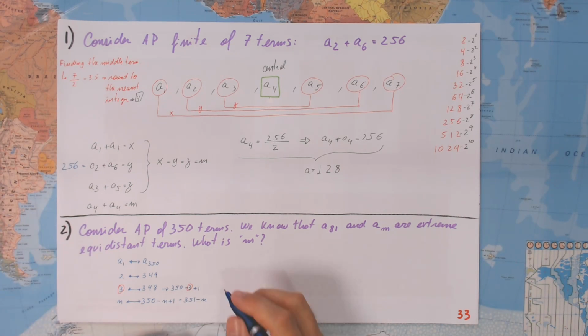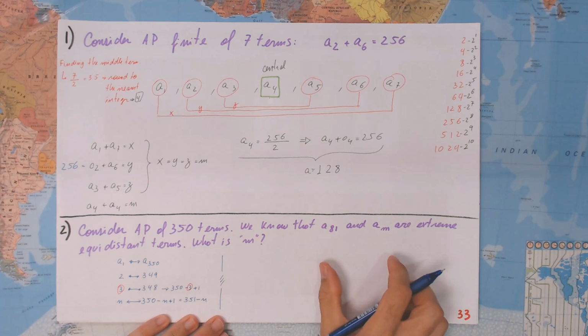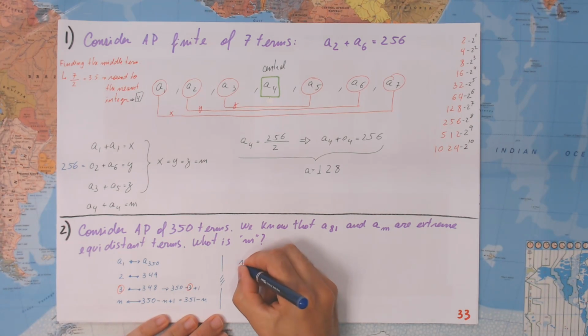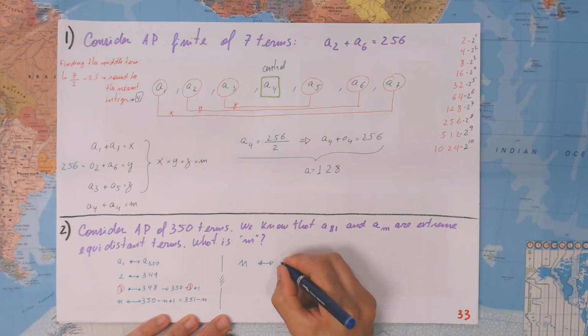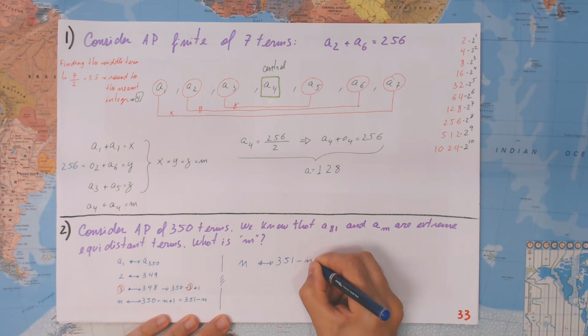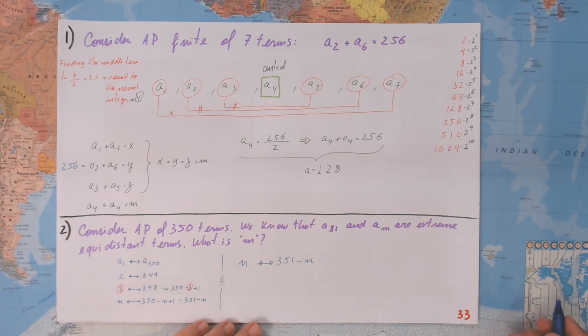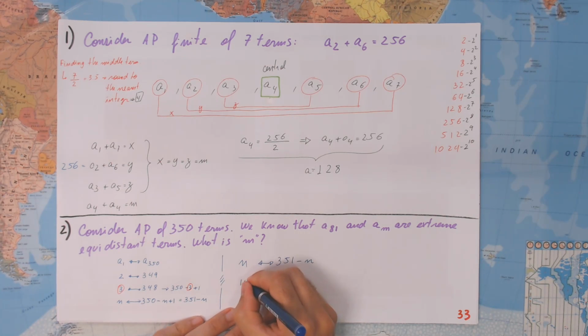So if you had to find out the general formula for the equidistant terms, as we have the n term, the equidistant term, it will be what? 351 minus n. Okay, for instance, let's suppose we have n equals 10. What is going to be the equidistant term?